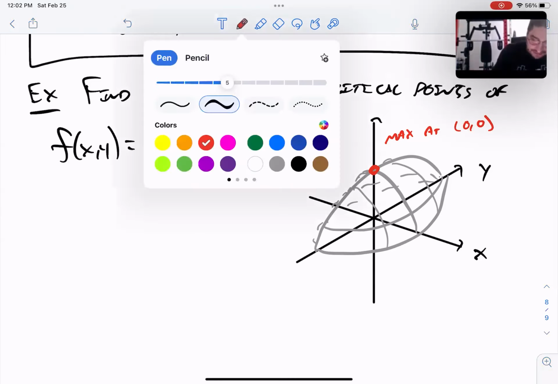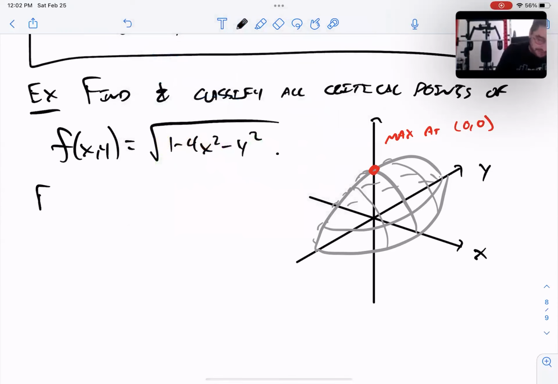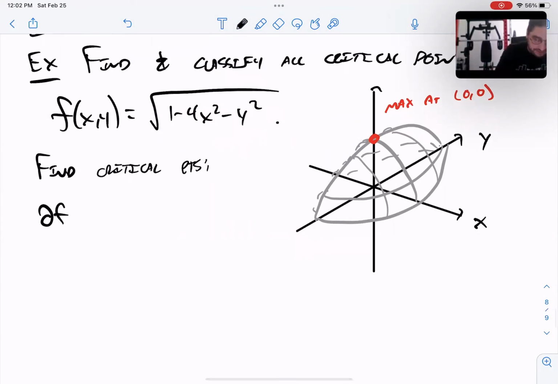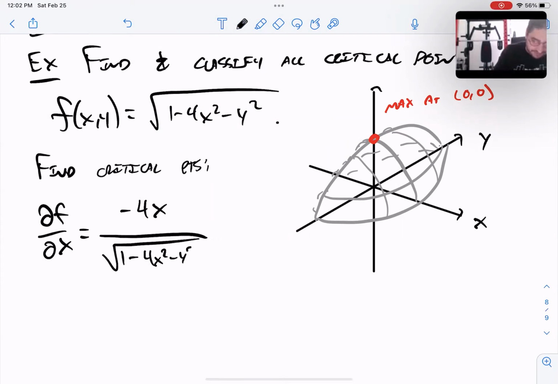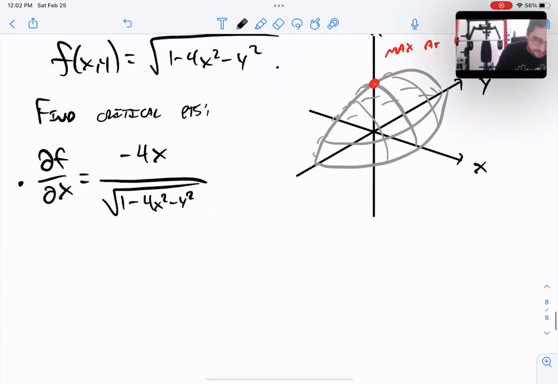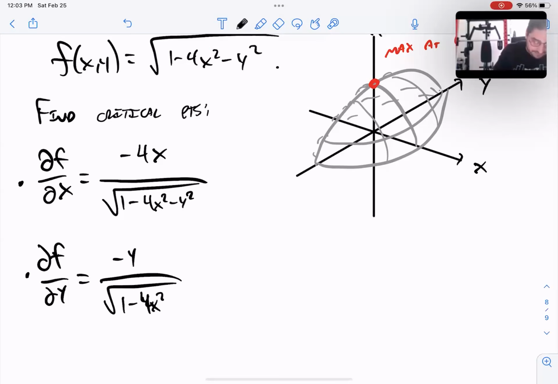So let's do this. First, let's find the critical points. What do the critical points look like here? I have df dx equals negative 4x over root 1 minus 4x squared minus y squared, and I have df dy equals negative y over root 1 minus 4 x squared minus y squared.